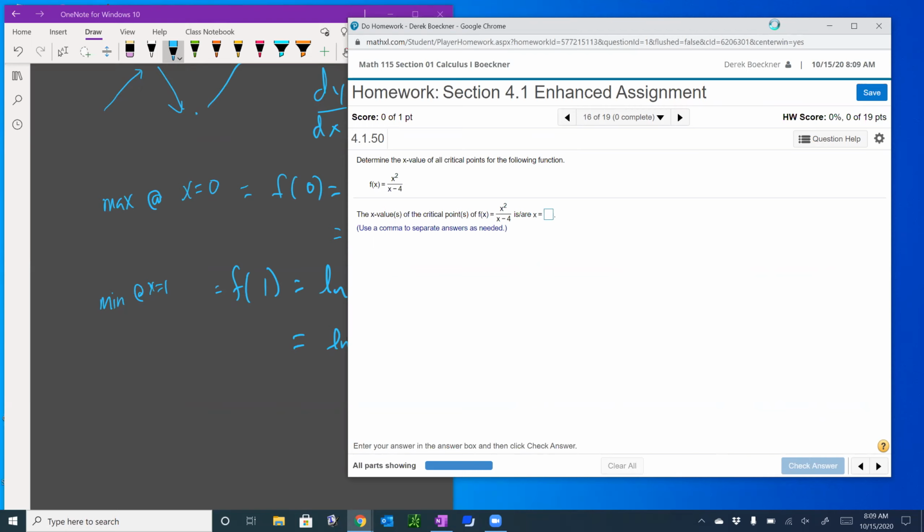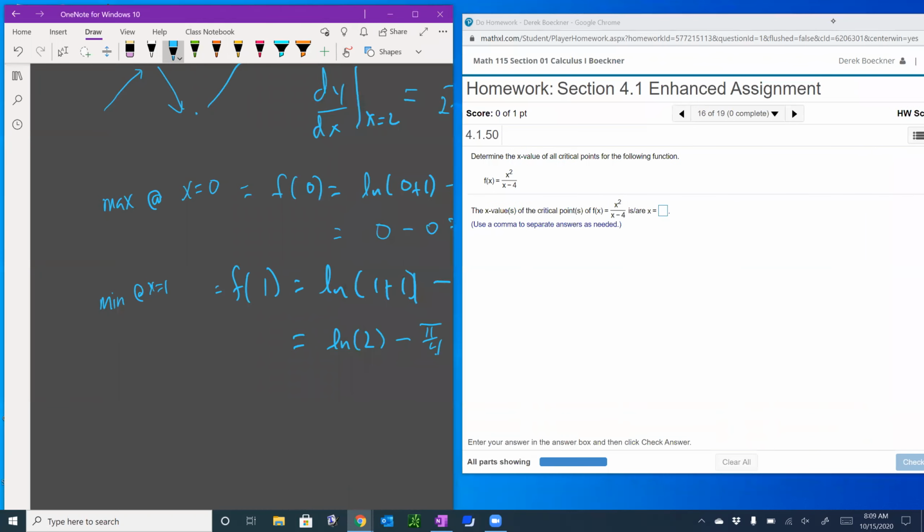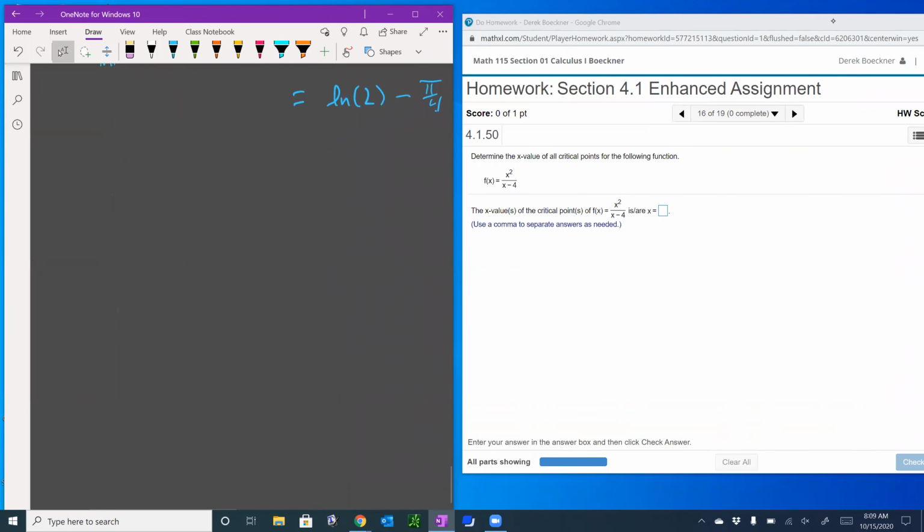There should be. Does it just give you 0? Undefined? Let's look at that.